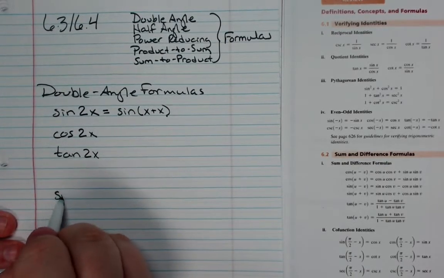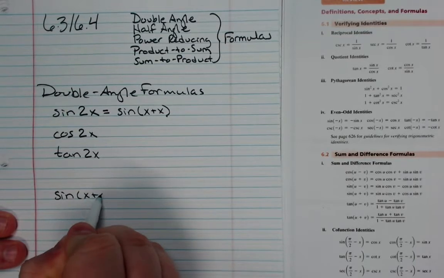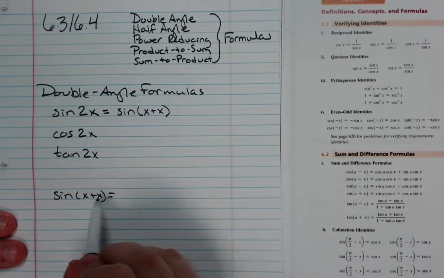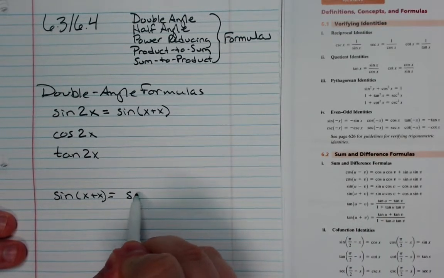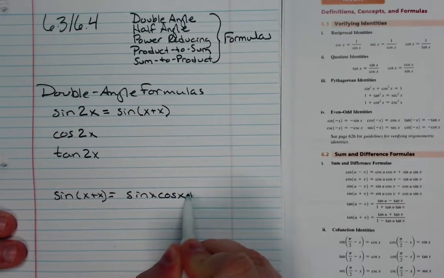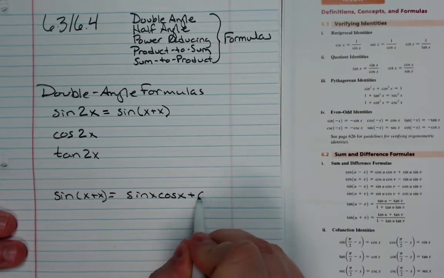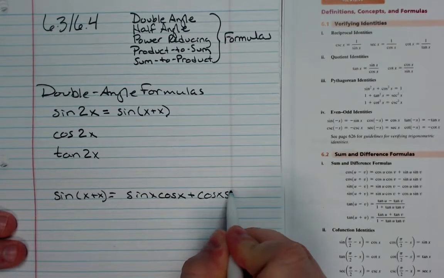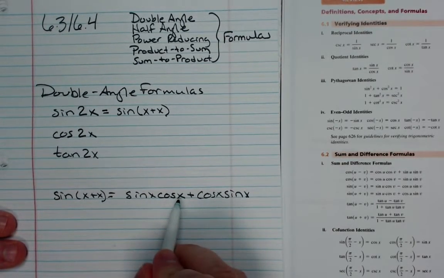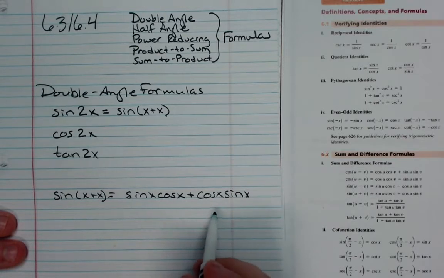If I have sine of x plus x, I can use my angle addition formula. Sine of u plus v is sine of the first, cosine of the second, plus cosine of the first, sine of the second. In this case, they're both x, so we have sine x cosine x plus cosine x sine x.